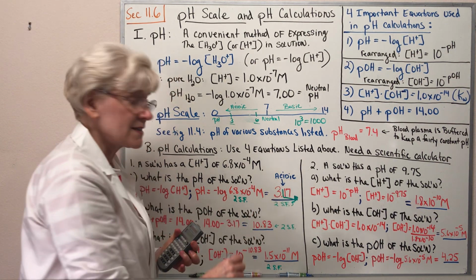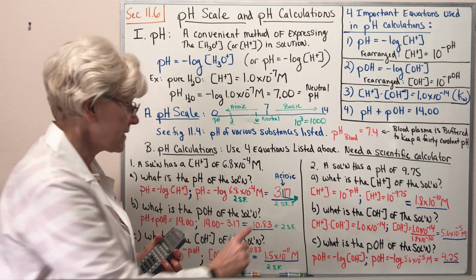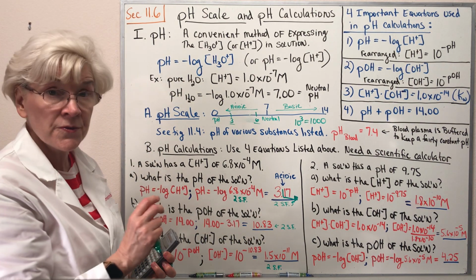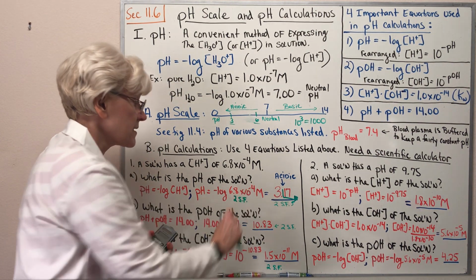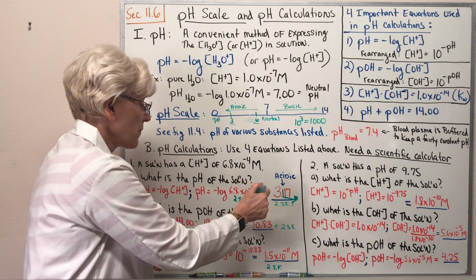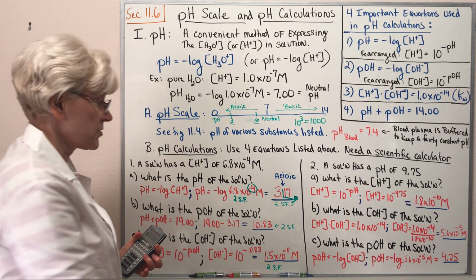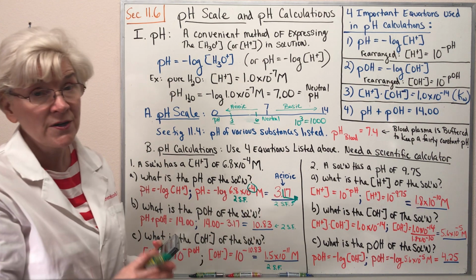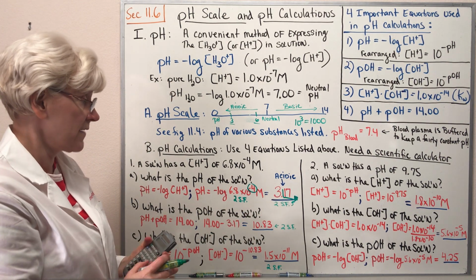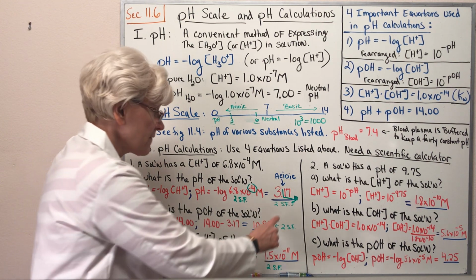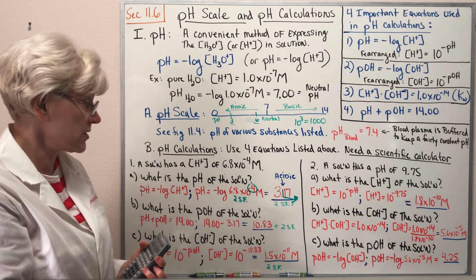So the 1 and the 7 are significant. The 3 value is not. The 3 value correlates with the exponential part of the original hydrogen ion concentration and is not part of the significant digits of the value. So a pH of 3.17 has 2 sig figs to it.